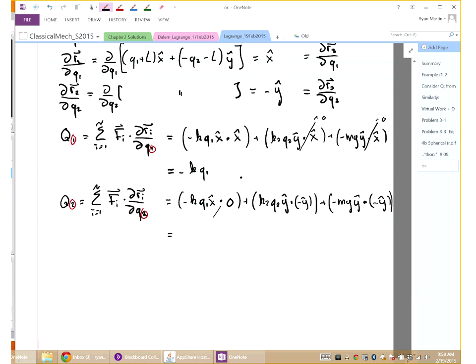So we end up with, the first term is 0. The second term is minus K2 Q2. And then the final term is mg. Right, sorry, just mg. There's no y there.